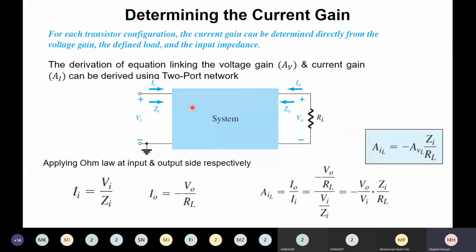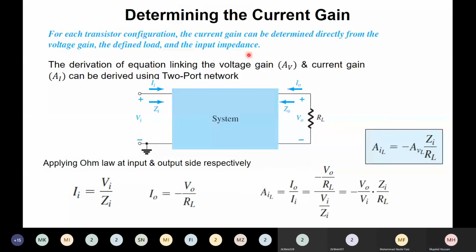If you have the information of three quantities, that are input impedance, output impedance, and its no load voltage gain, then you can determine its current gain as well. So for each transistor configuration, the current gain can be determined directly from the voltage gain, the defined load and the input impedance. Just three pieces of information you should know: what its input impedance is, what its output impedance is, and what the no load voltage gain is.